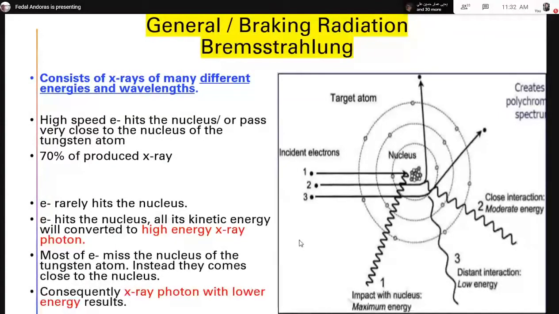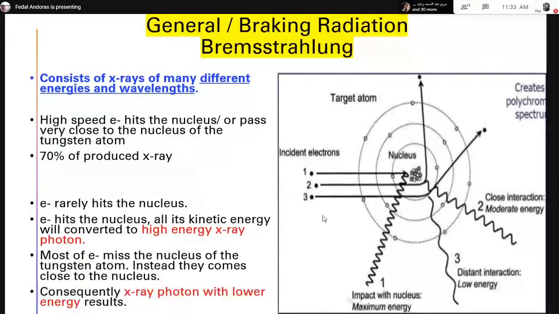If not, you will get moderate to low. That is why the general one creates a polychromatic spectrum. It will produce many electrons, few of them will hit the nucleus, many will go close to it or far from it. As a result, you will get X-rays with different wavelength and different energy. That is why we have the filter, to remove the low energy ones.